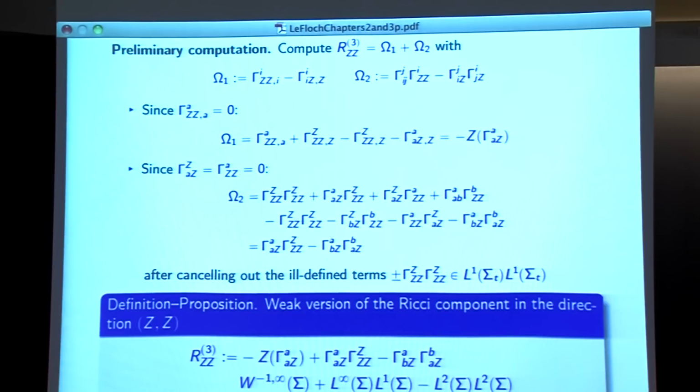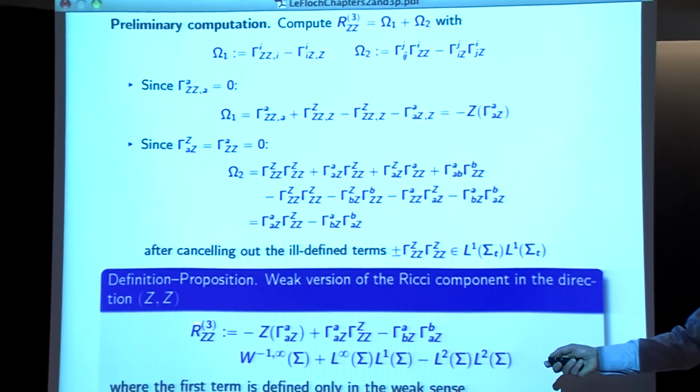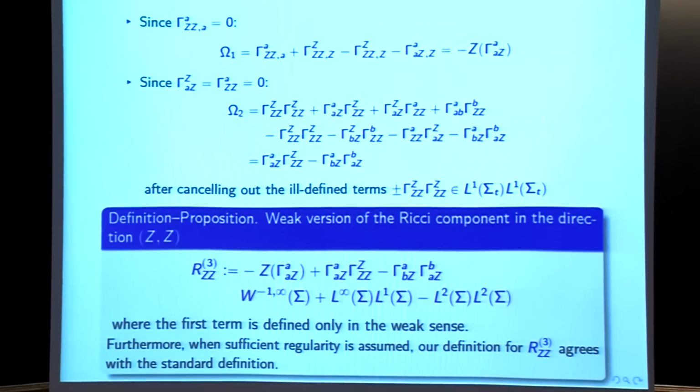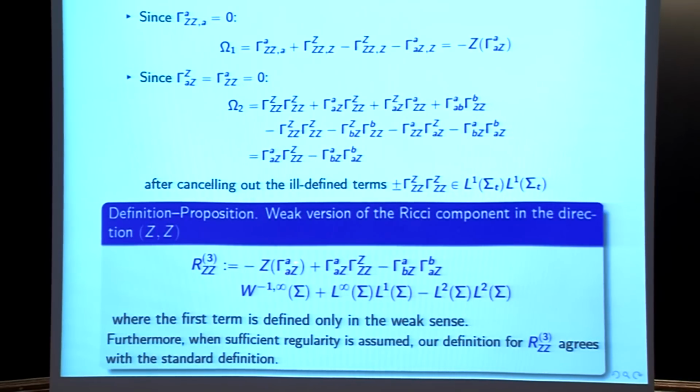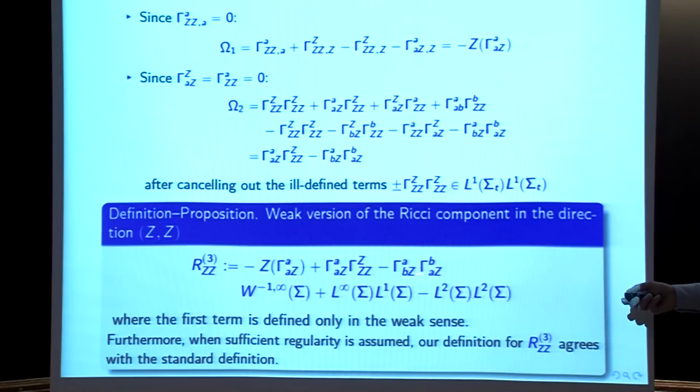So last time we found this formula that RZZ, for the slices, was the z derivative of this contraction of gamma AZA. Then there were quadratic products. And we observed that the first term was actually a derivative of a bounded function. This was related to the trace, and that was a regularity condition that we put on our problem.